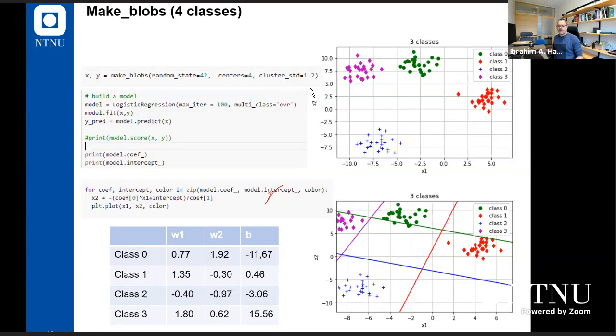And this 1.2 is a standard deviation from the center. So you need to know how the distribution will look around the center of each cluster. If you increase this one, it means that there will be some overlap between those clusters. So if instead of 1.2 from the center it's 1.5, for example, or 2.5, you will see some overlap between those clusters.